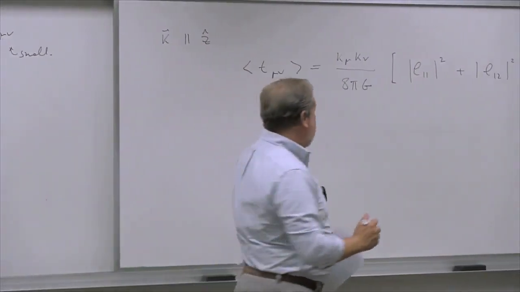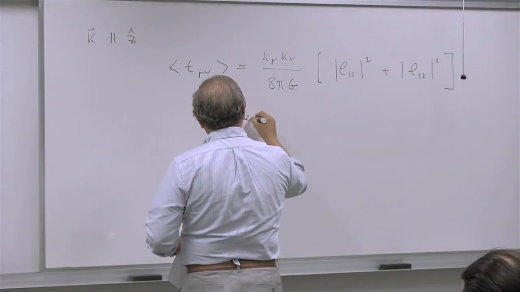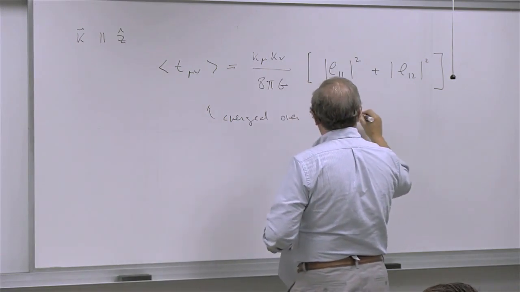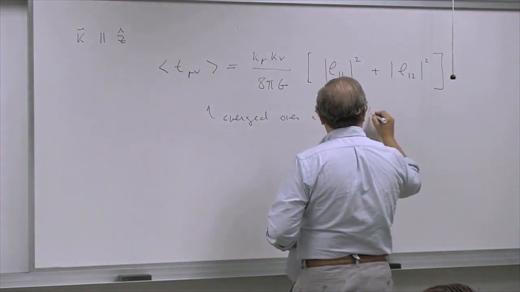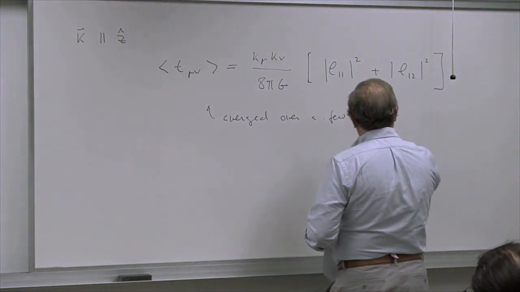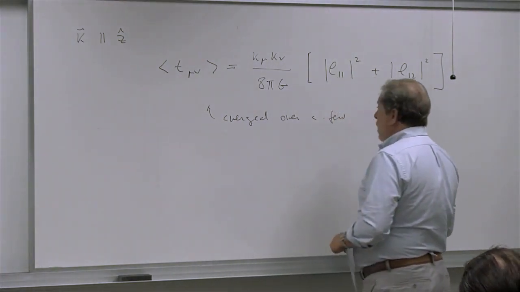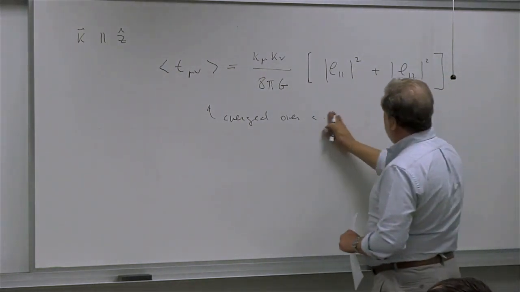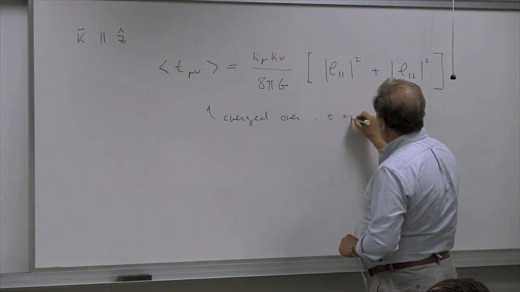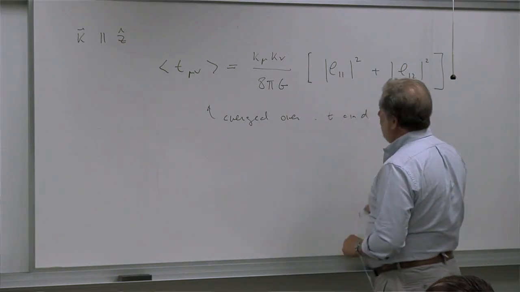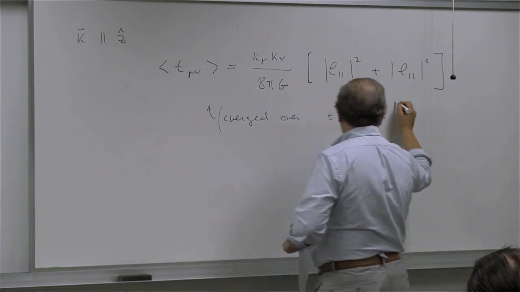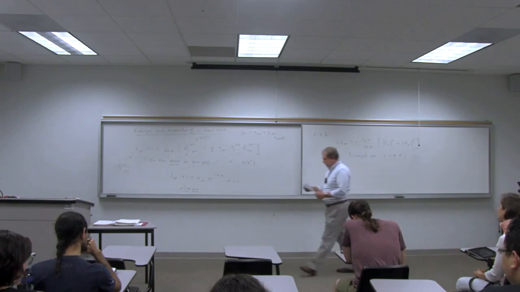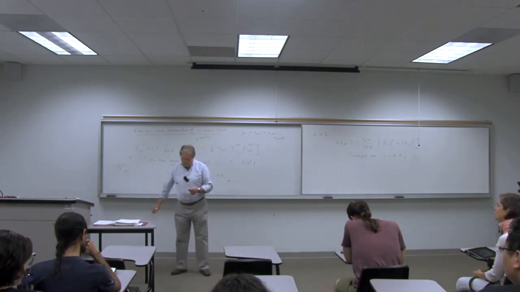So this is averaged over a few wavelengths, or a small region of space-time. Average over t and x, over a small region which is the size of a wavelength, or the size in time of a period associated with the wave.